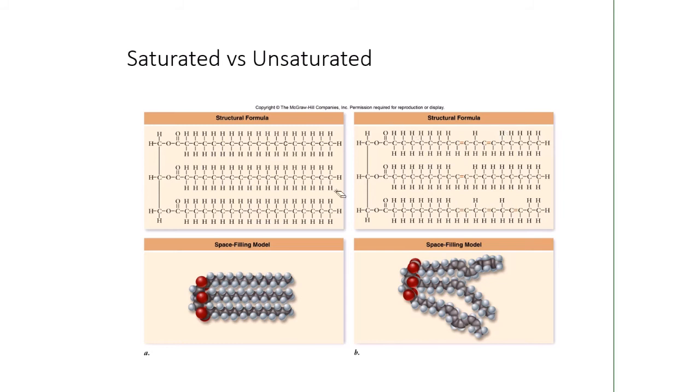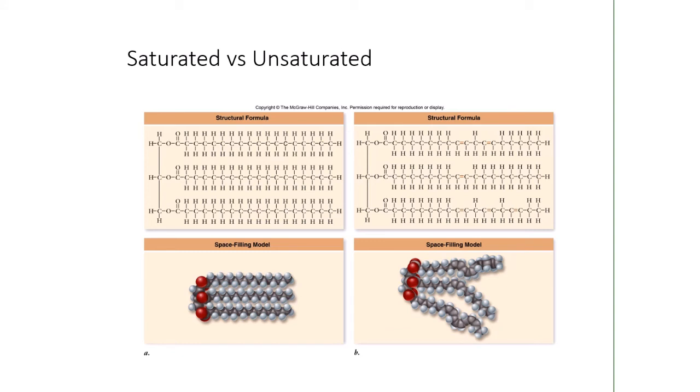In the unsaturated fat, we have 1 or more of the fatty acid tails being an unsaturated fatty acid, and they would have 1 or more double bonds in them, and therefore you can see multiple kinks in the tails, and these don't pack very well, therefore they're liquids at room temperature as opposed to solid at room temperature. I mean, there are some exceptions.